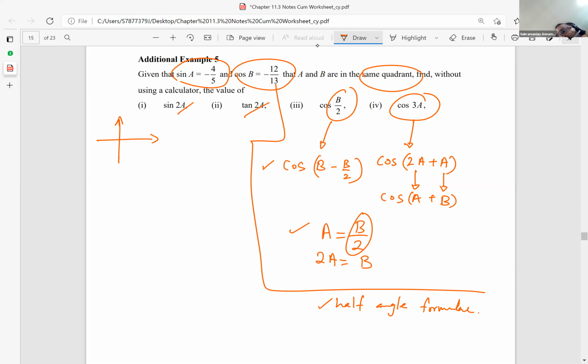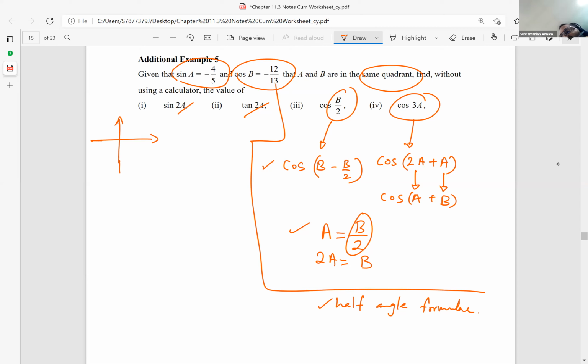Please think. I can easily tell you the answer, but, third quadrant. What makes you think that it's third quadrant? You already have cosine A and cosine B as negative, correct or not?